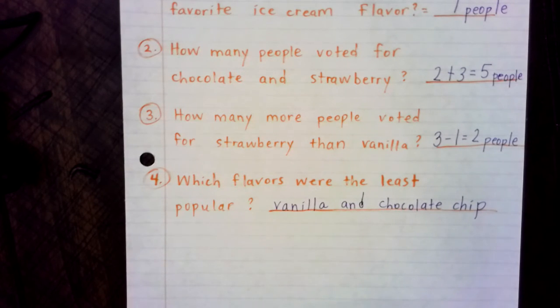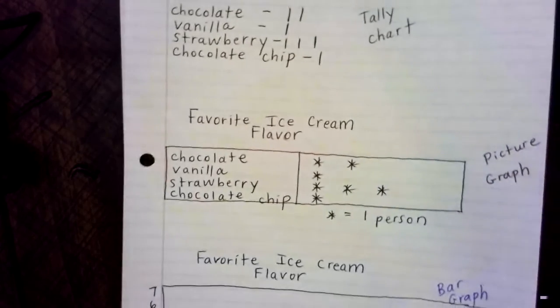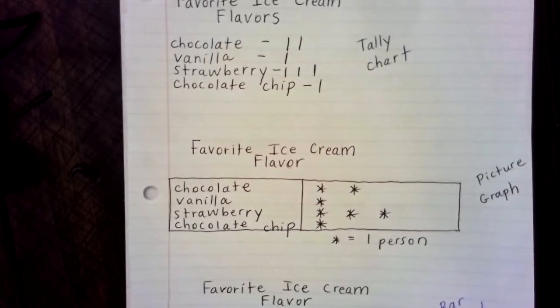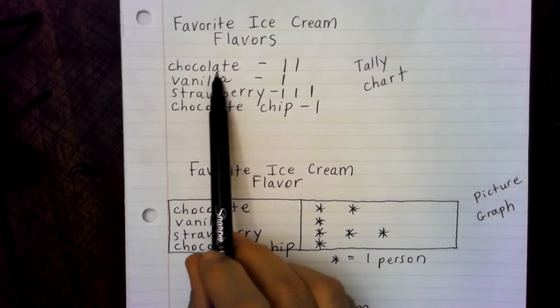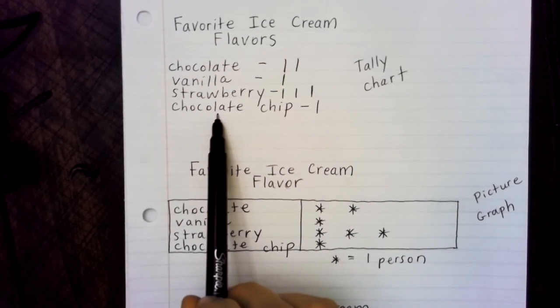So graphs are pretty fun. You could survey some people in your family and ask them anything, like it could be their favorite ice cream flavors like I did, or you could do a different topic like their favorite movie or their favorite food or their favorite color or their favorite season. And you are going to usually have 4 categories.